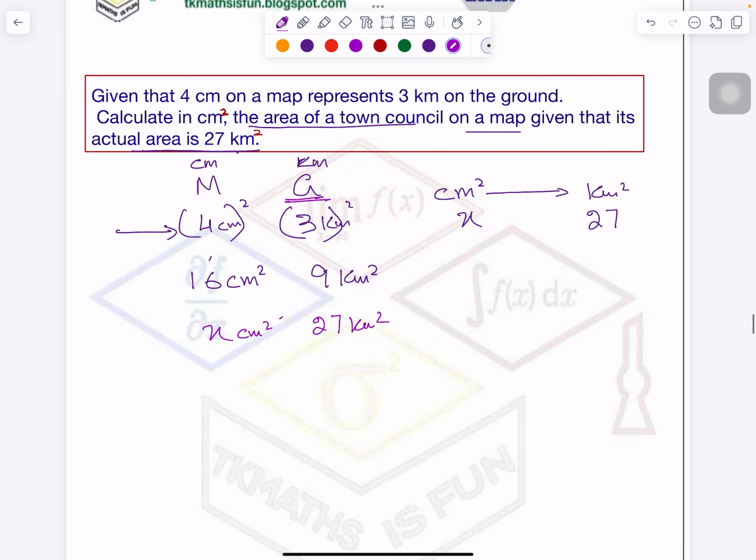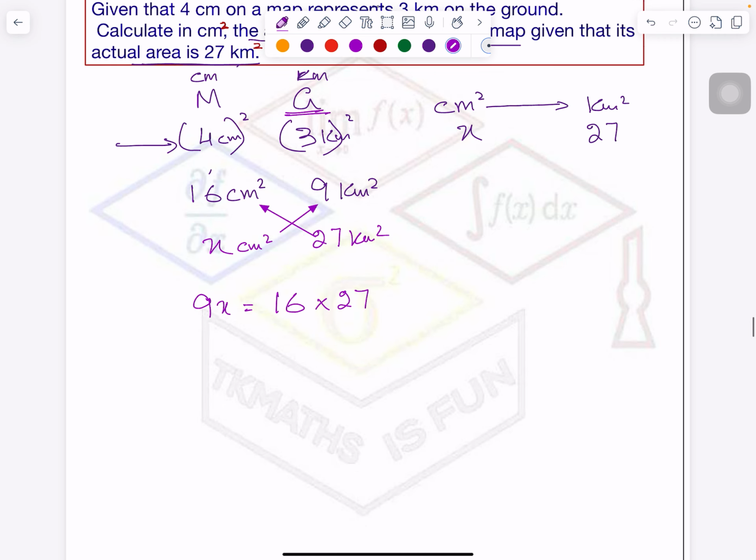So you will do cross multiplication here. So it is 9 times x equals 16 times 27.